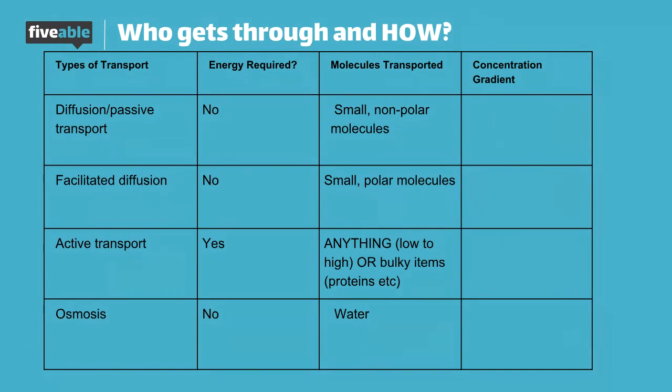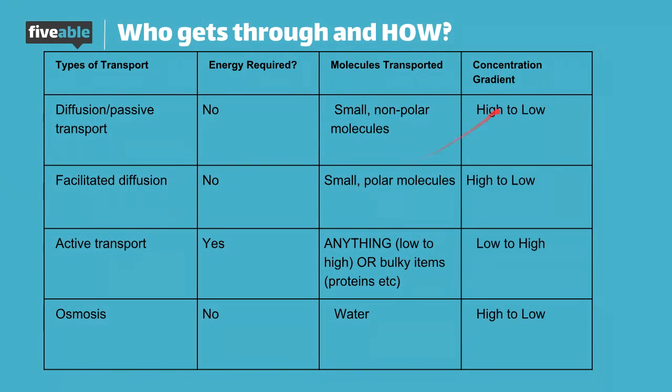Active transport can be for any type of molecule if you're trying to move it from a low concentration to a high concentration, but it can also be used for just bulky things that are large proteins, stuff like that, okay? Osmosis at the end is just for water, so don't mix it up with anything else. It's really just an example of facilitated diffusion, but it's extra particular, and why not throw an extra vocab word at you? Okay.